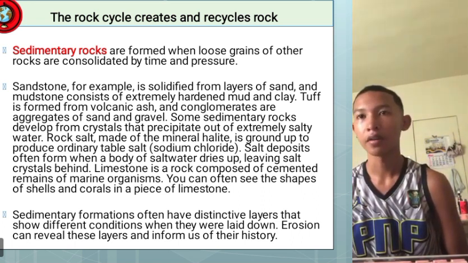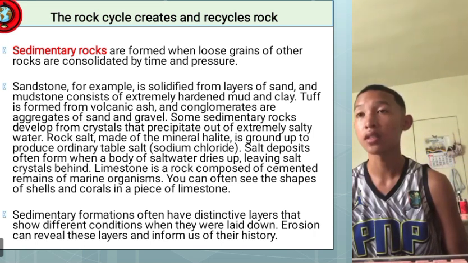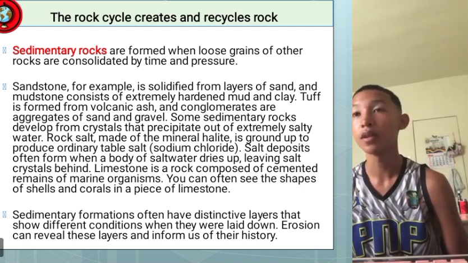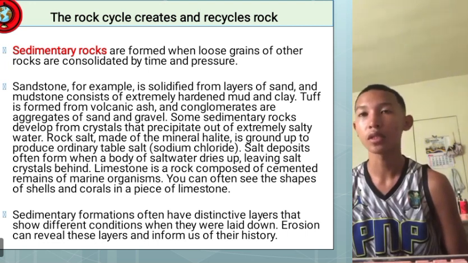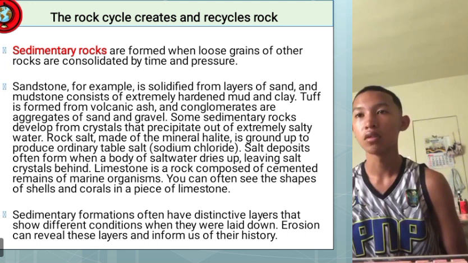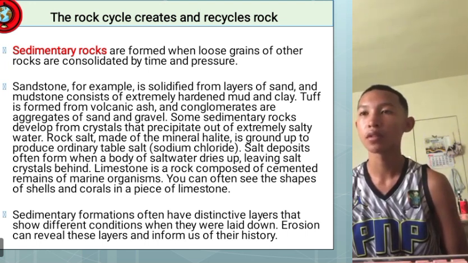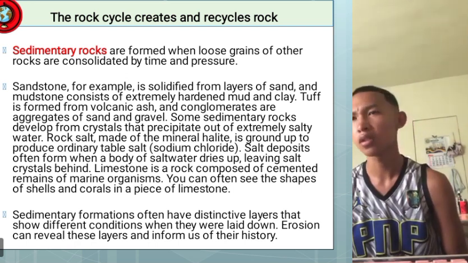Some sedimentary rocks develop from crystals that precipitate out of extremely salty water. Rock salt made of the mineral halite is ground up to produce ordinary table salt. Sodium chloride salt deposits often form when a body of salt water dries up, leaving salt crystals behind.